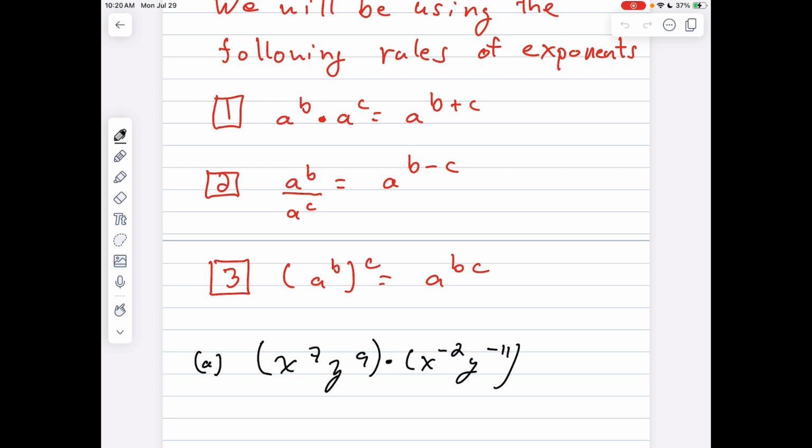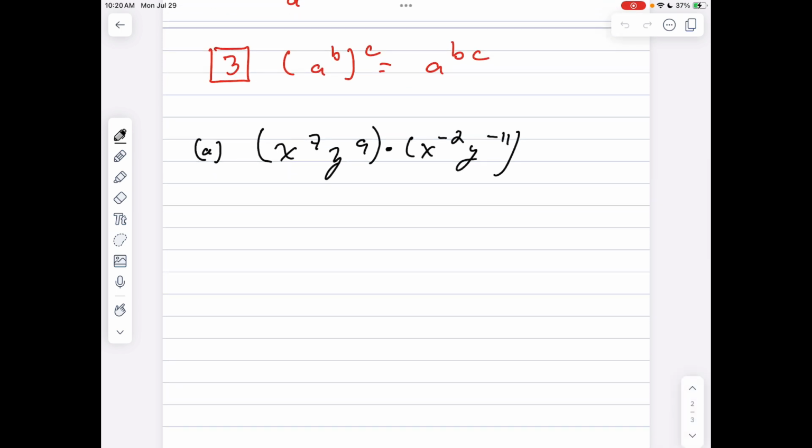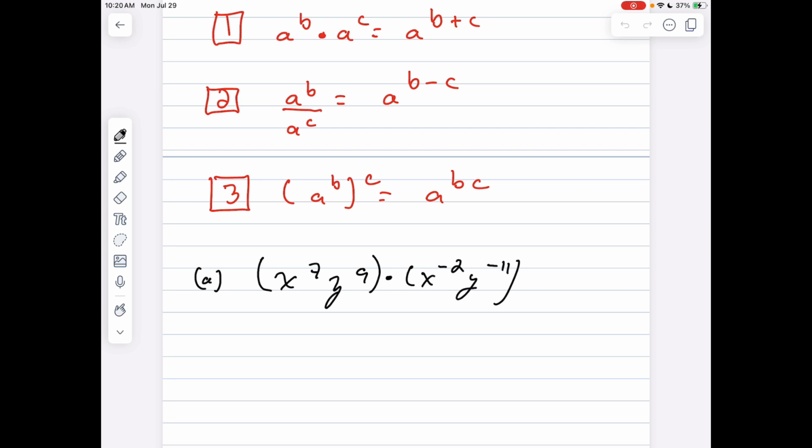Now, for this first problem, we have x to the 7th y to the 9th, that's one quantity, times x to the minus 2 times y to the minus 11. Out of these three rules, I'd like to find which one would apply. It doesn't look like any one of these applies, but we will make this expression look like one where we can.